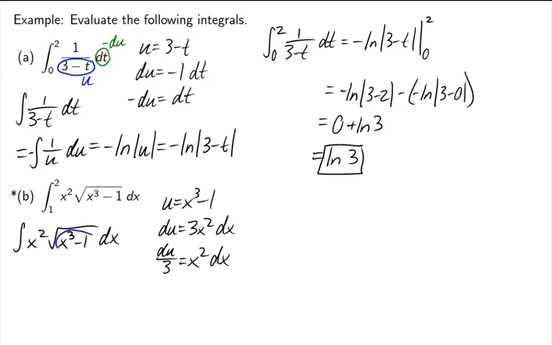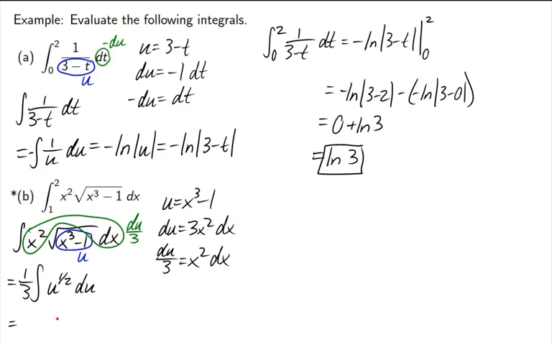And then we can get my u on the inside, and the x squared dx is going to become du over 3. If I rewrite this, I'll bring the 1/3 in front, and I'm going to be integrating the square root of u, so let's write that as u to the 1/2 du.